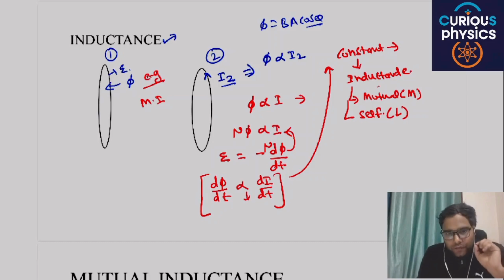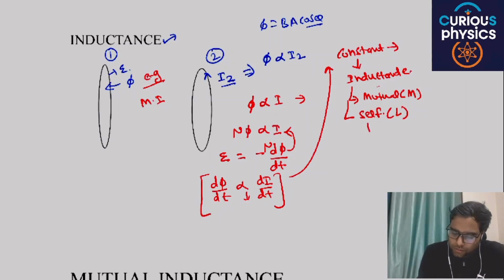So the current in one coil is responsible for the change in flux in itself. That is nothing but self inductance. We will discuss both mutual inductance as well as self inductance in detail in the next section, but the basic concepts are these.